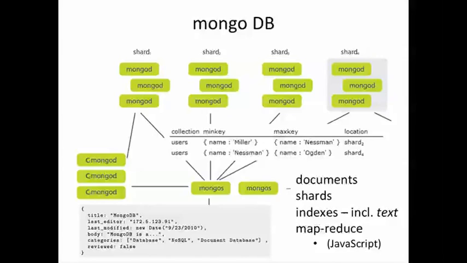So one can effectively write MapReduce programs which process data in MongoDB using JavaScript, which is the only language it supports. Another important feature of MongoDB, which is shared by some other NoSQL databases, is its consistency model for writes.